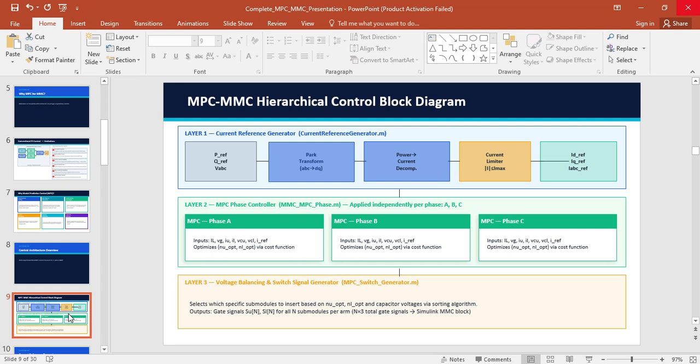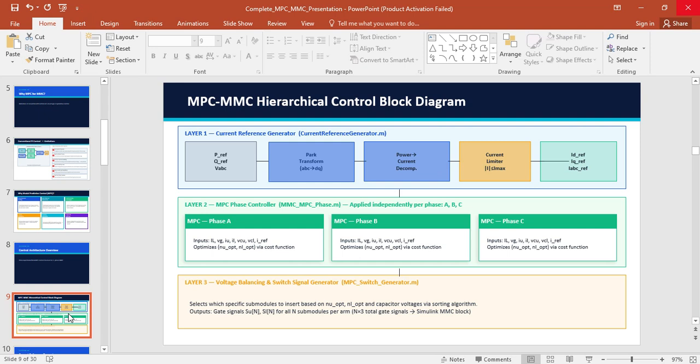Then it calculates via the cost function and gives us the modulating signals that are required to be given to the voltage balancing algorithm to generate a switching signal for each submodule, right?